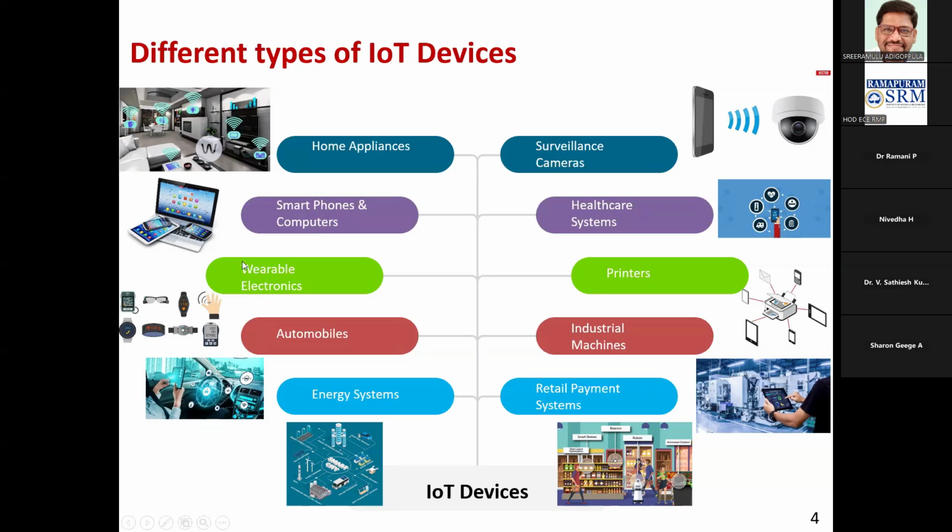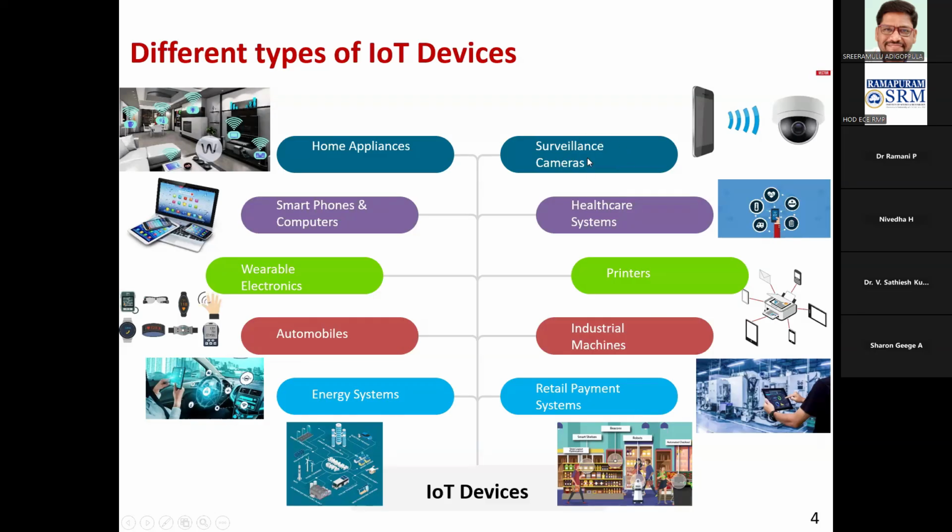We have numerous wearable electronic devices. In automobiles, most of the electronic equipments can be automated and it can be controlled. In case of an energy system, either it is a renewable energy system or conventional energy system, we make use of a lot of IoT devices there.